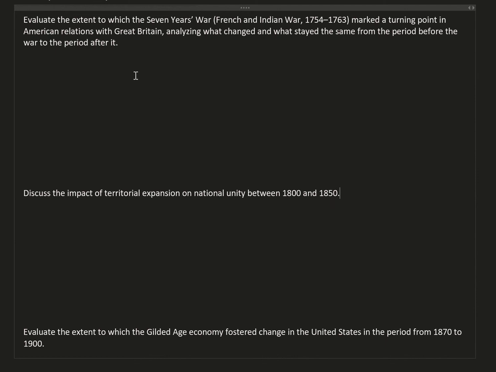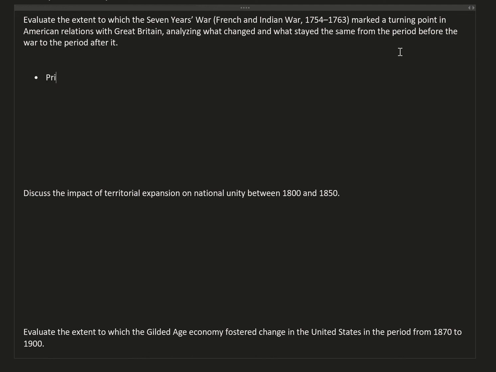Because if we take a look at the French and Indian War, the 7 Years' War question, we go through and list out everything we know about this, and then we can synthesize this into, all right, cool, here's the thesis that we could write, here are some of the paragraphs we could have, and then write from there. We are not going to write a full essay here, but we are going to go through each of these and how I would organize this.